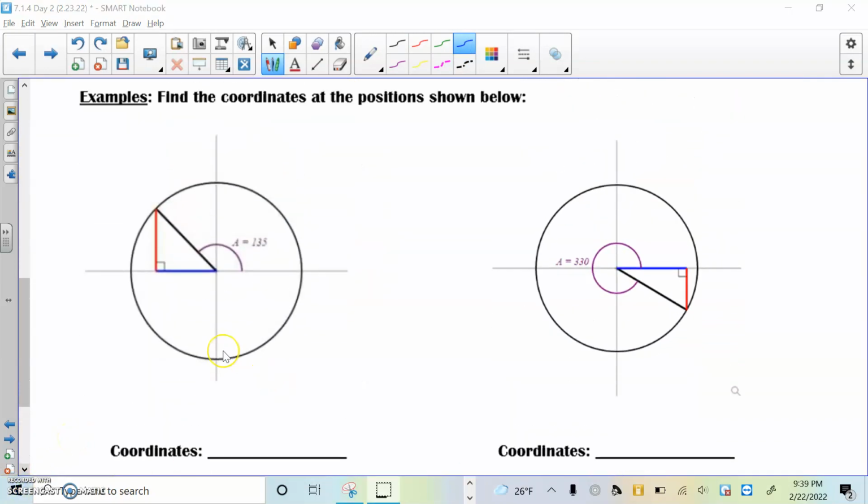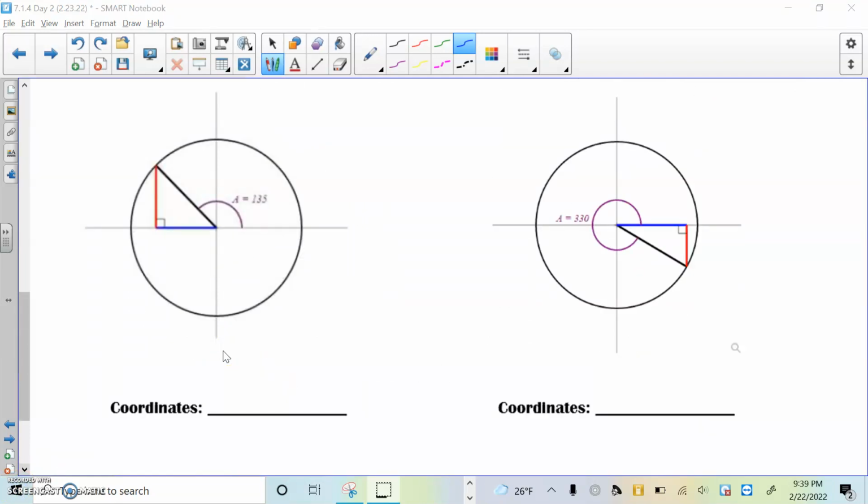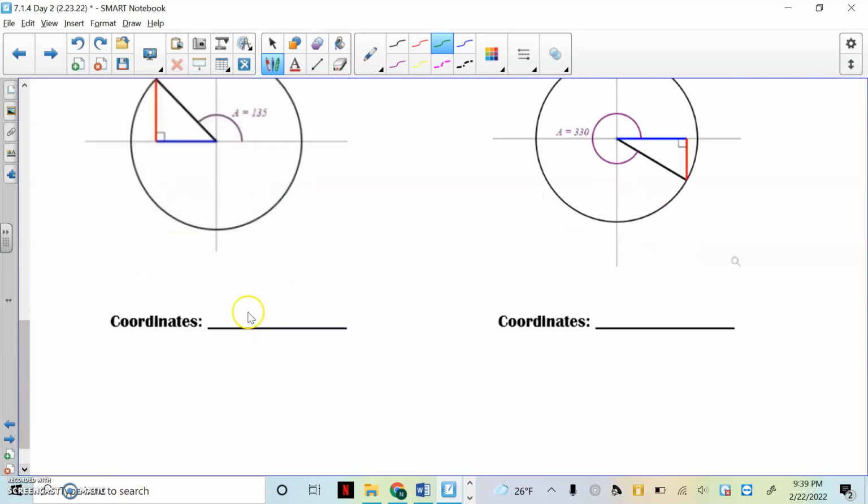All right, so let's go ahead and practice and just see what this looks like in a very basic situation. If I wanted to find the xy coordinates of an angle that's 135 degrees, or at the 135 degree position on the unit circle, you literally just need to take the cosine and the sine. So we would do cosine of 135, comma, sine of 135.